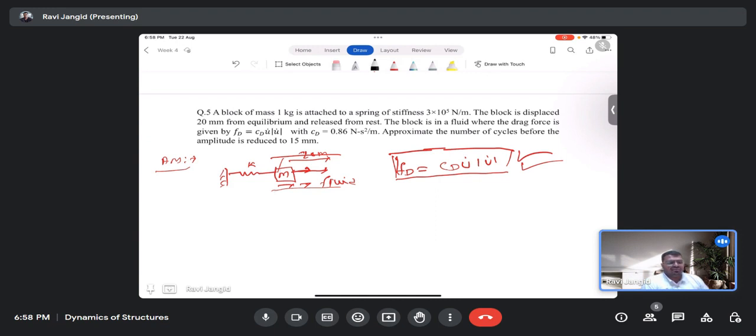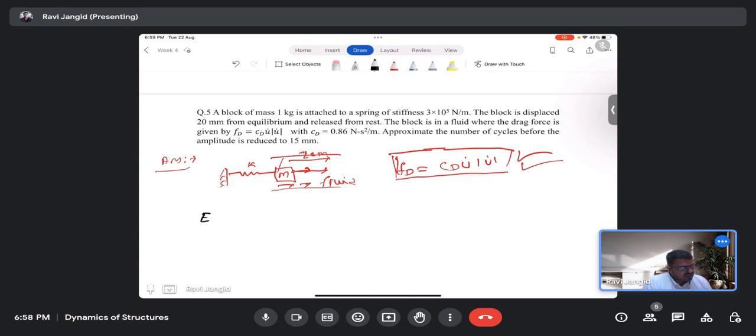So there is a damping force through the water, represented in terms of the drag coefficient and u dot, u dot square generally. So we need to find out how many cycles it will take to reduce my amplitude to the 50 final amplitude. So I need to find the energy dissipation by this.